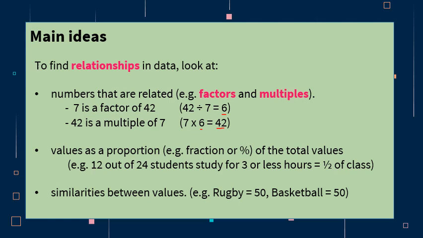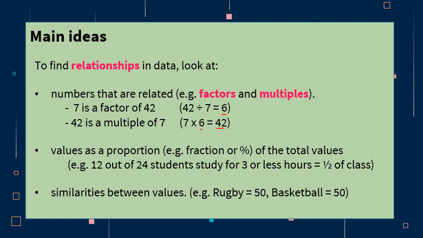We also can look at values as a proportion of the total number of values. So yesterday, we looked at adding up all of the values in a data display to find the total number of values. So if, for example, we added up the total number in each of the columns in a column graph, or the total number of dots on a dot plot to find the total values.